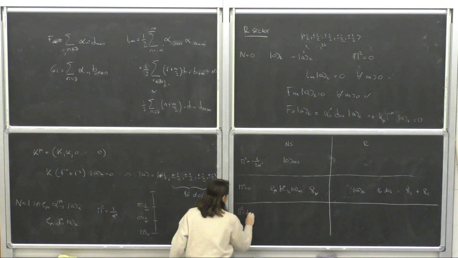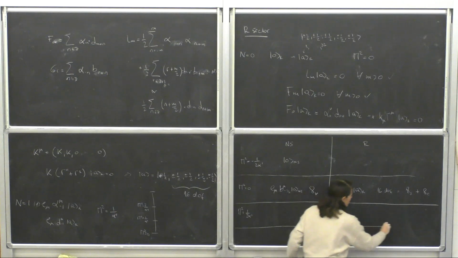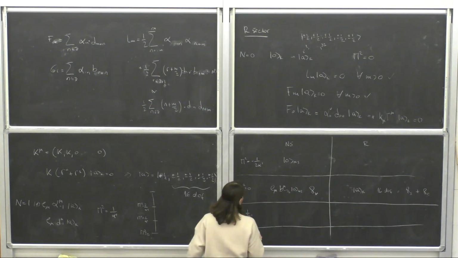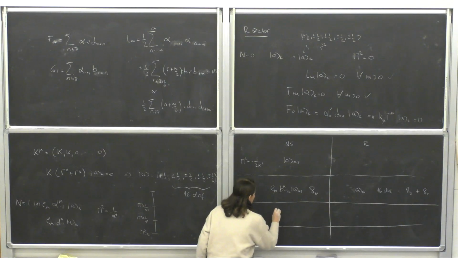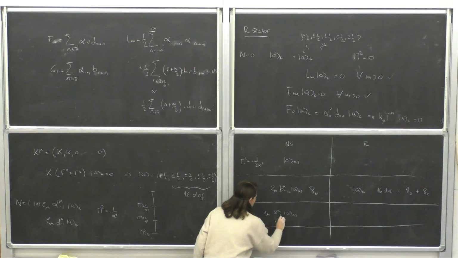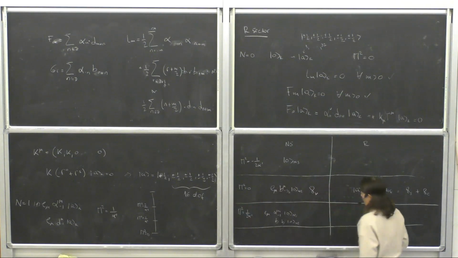Then I go to the next level. And here I have this alpha mu, E mu, alpha mu minus 1 on 0 NS, or the two b's 0 NS, while here I don't have anything.